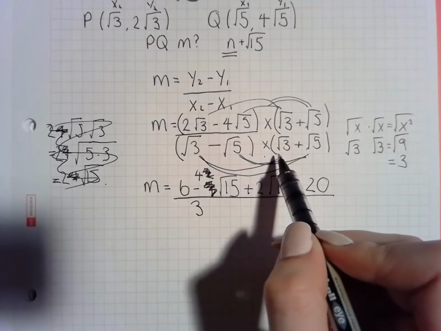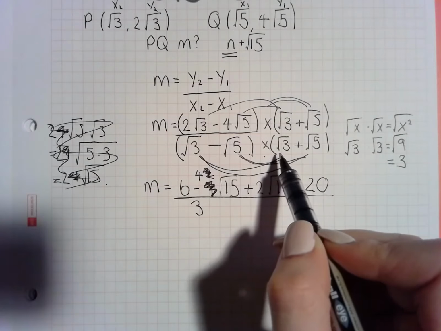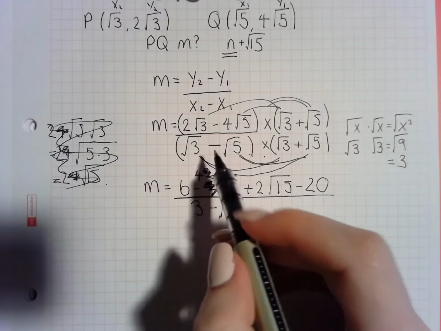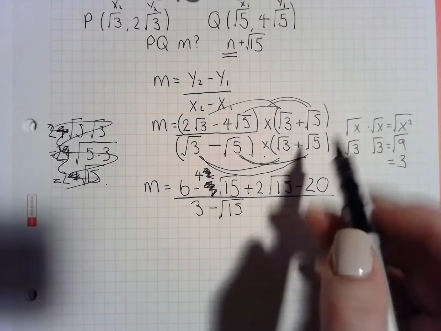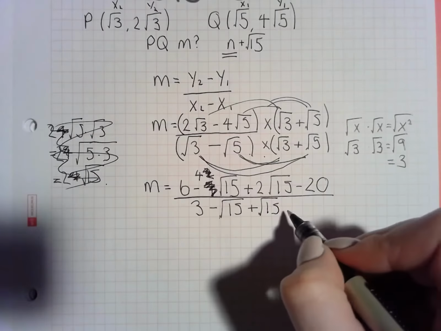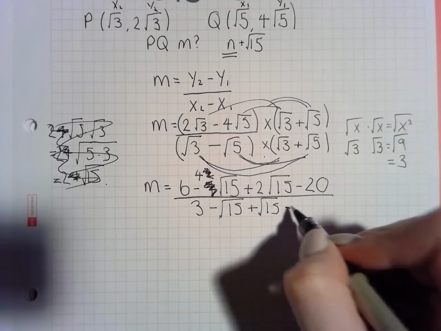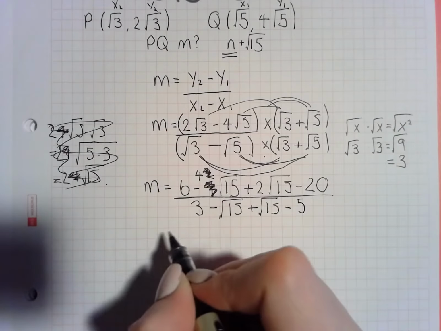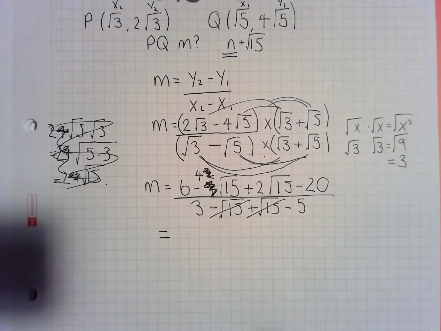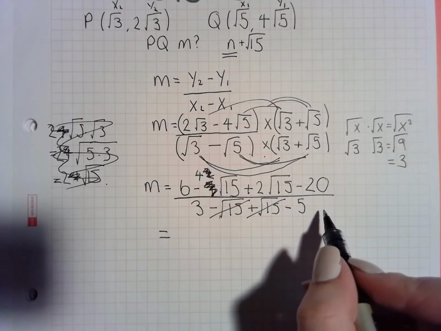Minus root 5 times root 3 is minus root 15. Minus root 3 times root 5 is plus root 15. And minus root 5 times root 5 is minus 5. So then we have, see, this cancels. That was the aim. So now we don't have any roots on the bottom of this equation.